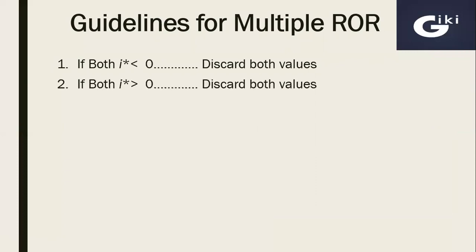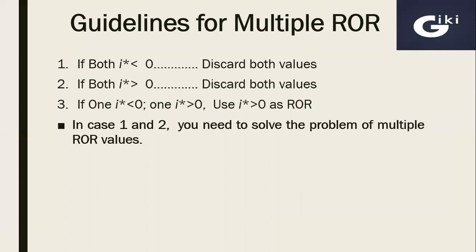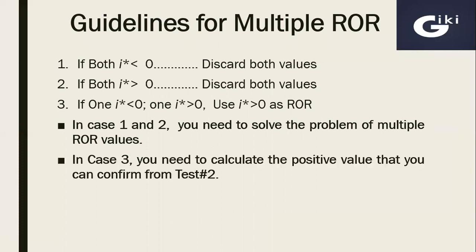If both values are greater than 0, we'll again discard both values. If one is less than 0, one is greater than 0, we'll keep the one that is greater than 0 as rate of return. In case 1 and 2, you need to solve the problem of multiple ROR values. And in case 3, you need to calculate the positive value that you can confirm from test 2, that is Norstrom criterion.